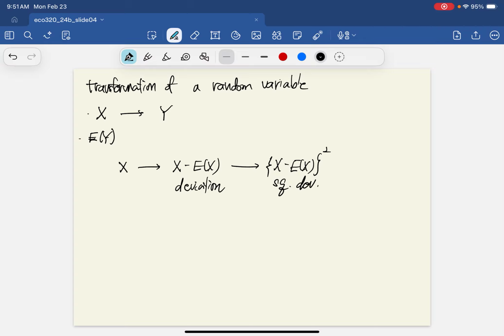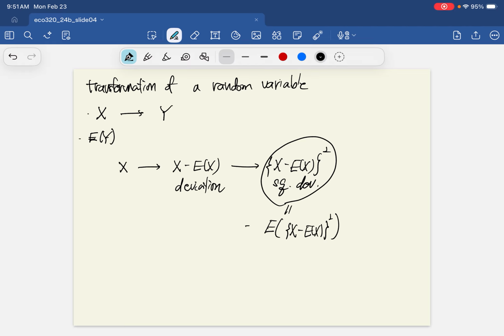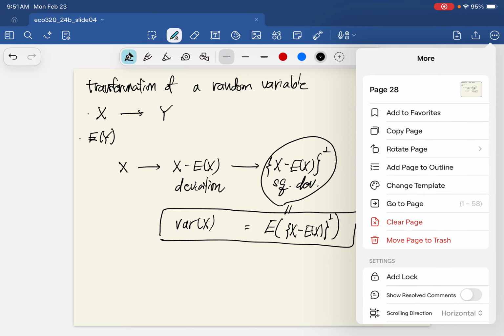This is the new random variable we are interested in, so we calculate its expectation, that is the variance of x. Okay, so I want you to see the structure of the logic. It is just a transformation of the random variable, and variance is just one variant of average.